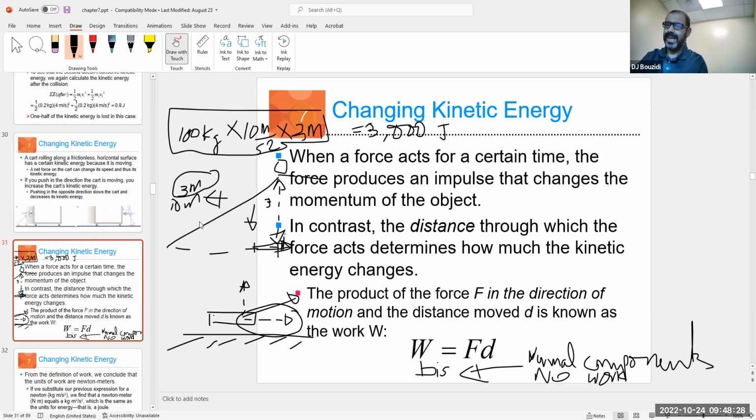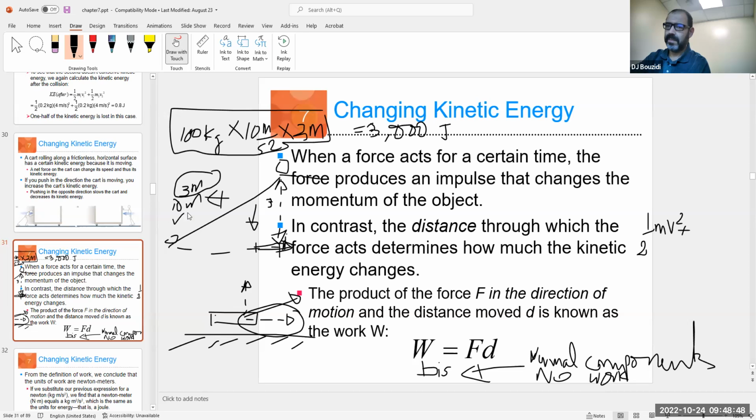Well, at the end, it has a certain velocity, so it's one half of mass times velocity squared. Let's say this is the end, so it reaches this point with the velocity v.